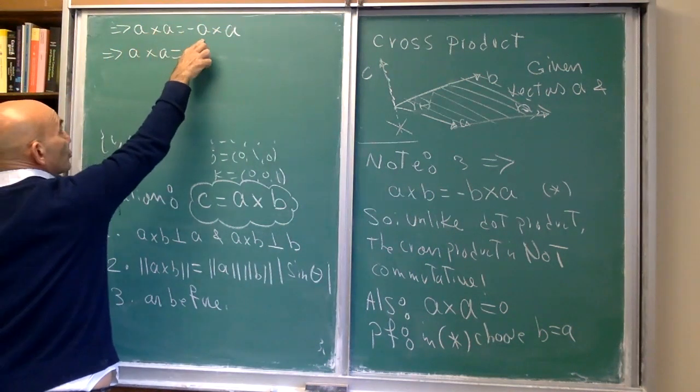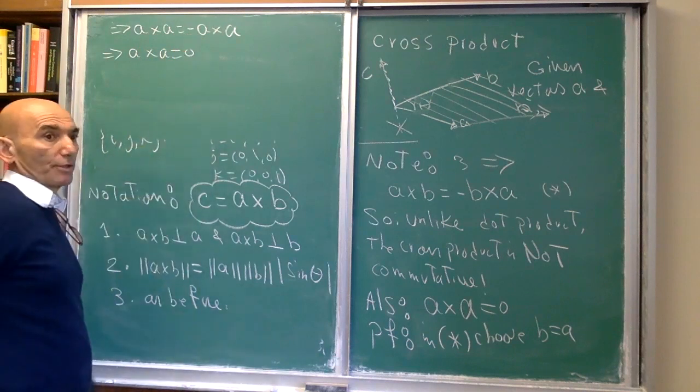A vector that's equal to its negative is of course going to be the 0 vector.